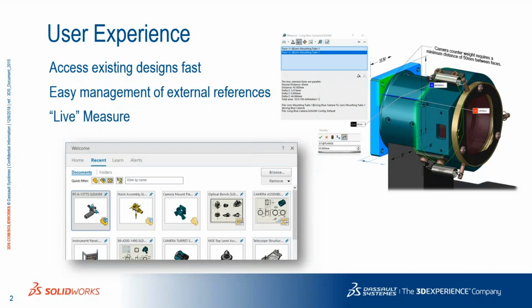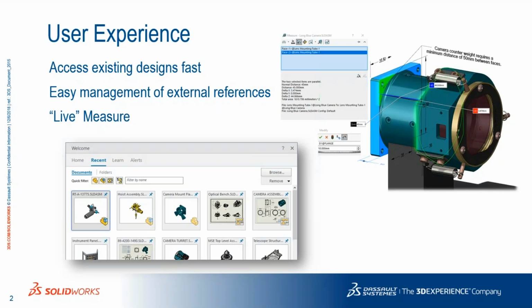Some of the enhancements this year enable us to access our existing designs even faster. We've got some increased functionality with external references and being able to manage those. And then we also have an enhancement to the measure tool, making it more live so that you have better functionality with it and you can do a few more things with it in more context.